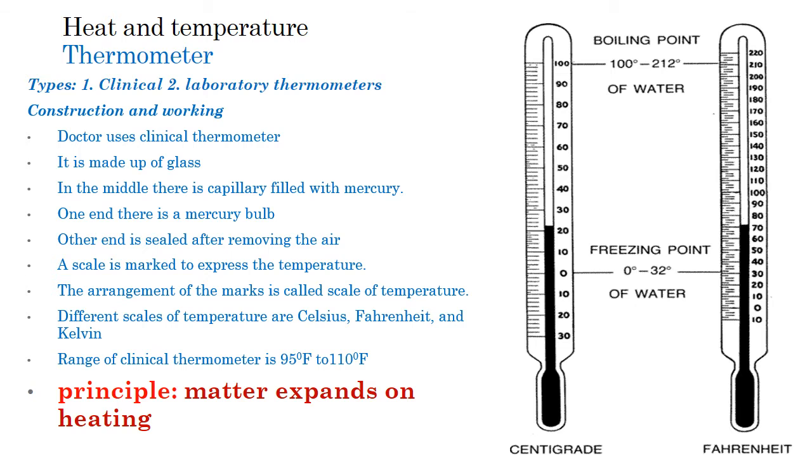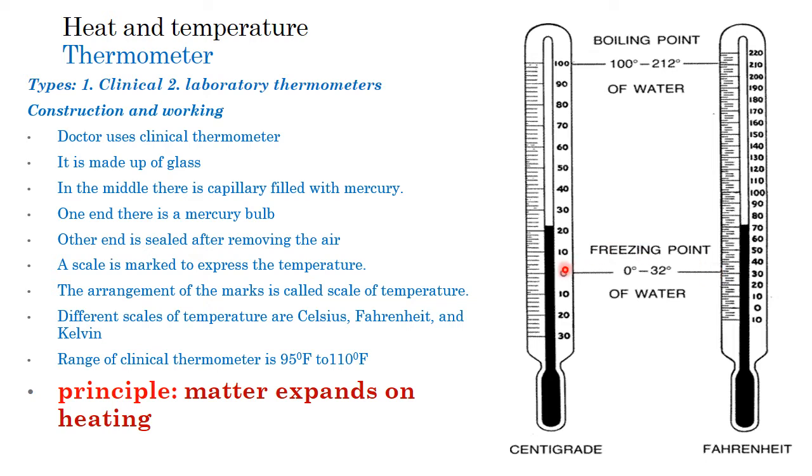So how is a scale marked? If you see the diagram, here we can easily see this is the 0 of the centigrade scale, which is equal to 32 of the Fahrenheit scale. So the minimum is 0, and here the minimum value is 32 for the Fahrenheit scale.